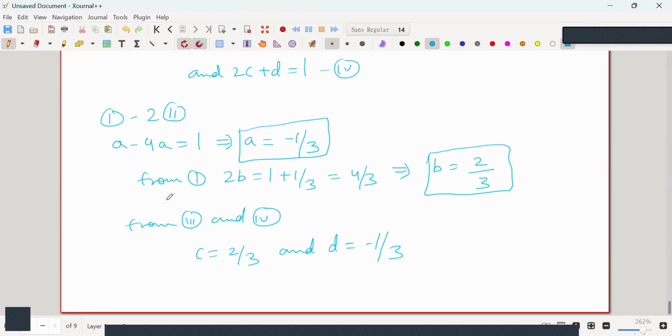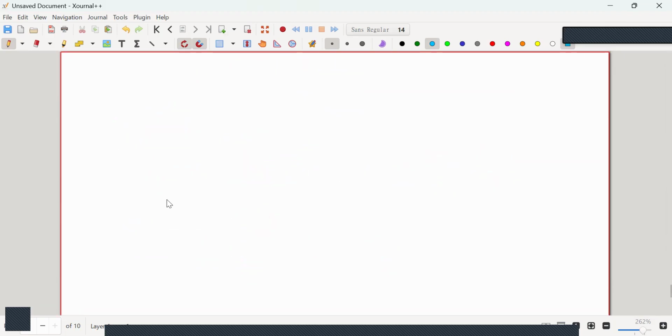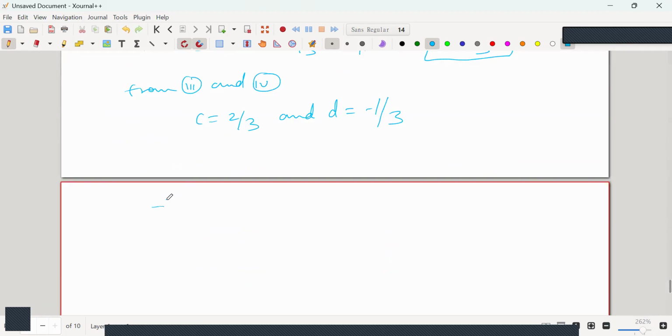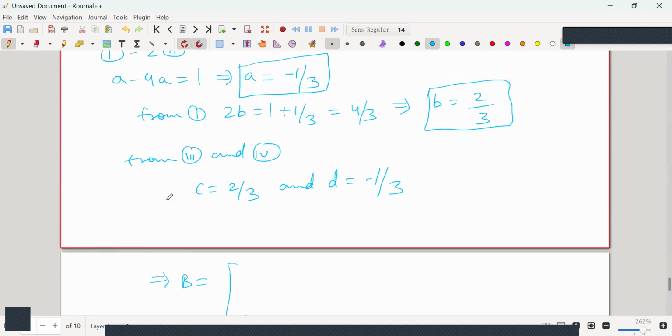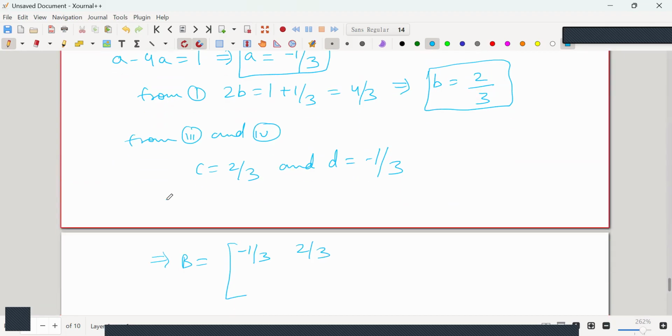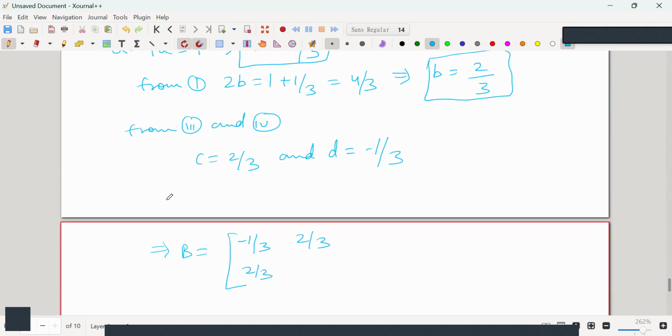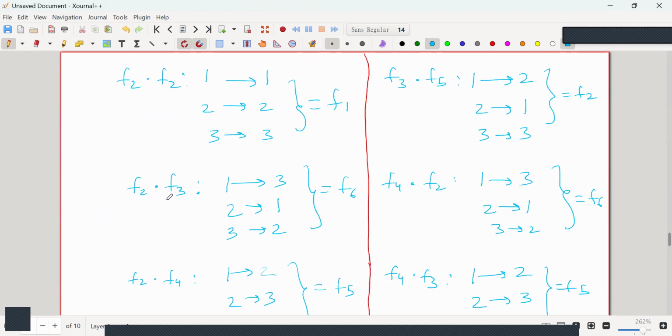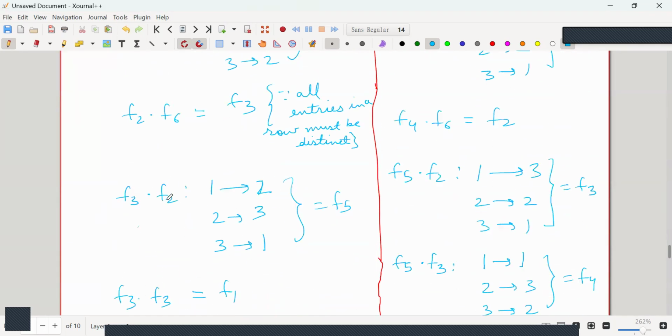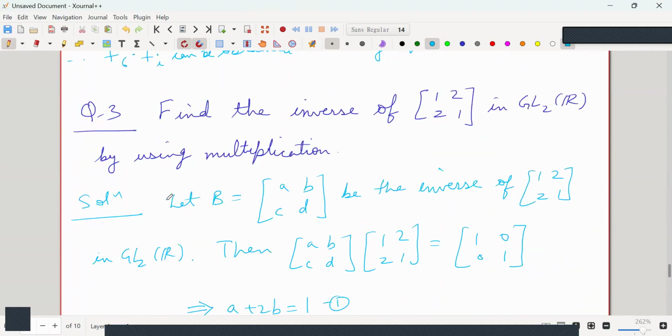So this implies B is equal to minus 1 by 3, 2 by 3, 2 by 3 and minus 1 by 3 is the inverse of what was the matrix 1 2 2 1, right?